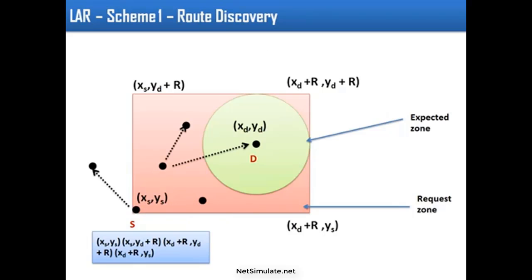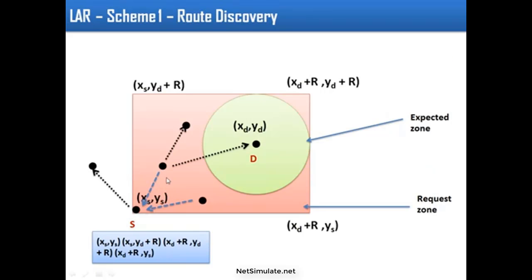Here we are showing only the operation of this node. So this node is also eligible, and it will also send the route request packet to its neighbors. And when the destination D receives this route request packet, it will insert its current location and the time in the route reply packet and send it to node S. What is the meaning of these blue lines?